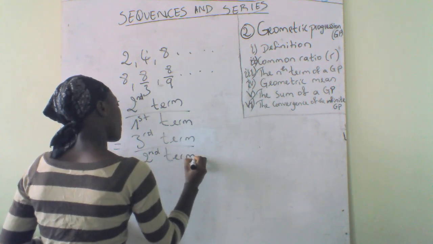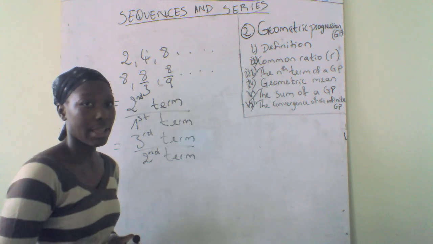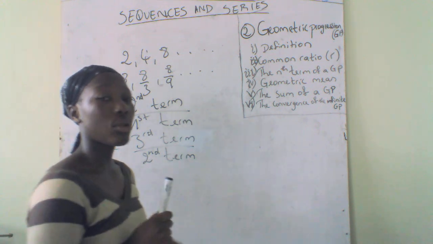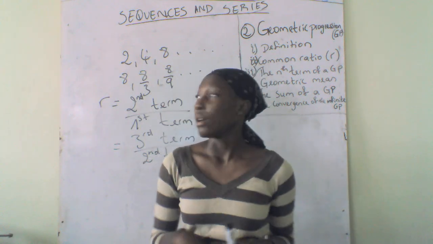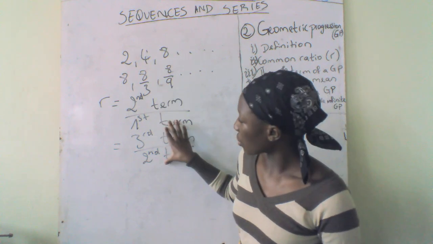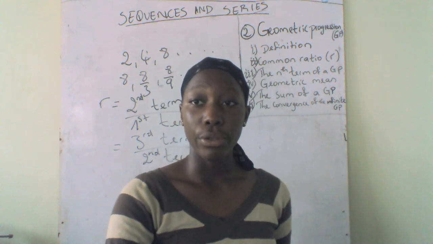You can even say the fourth term divided by the third term. It should continue, it should be constant to be called a common ratio. So to be sure of your answer, when you do second term divided by first term, you should also do third term divided by second term.